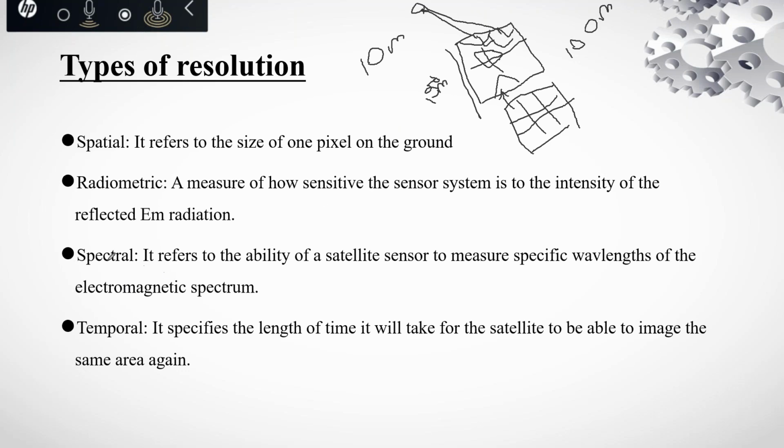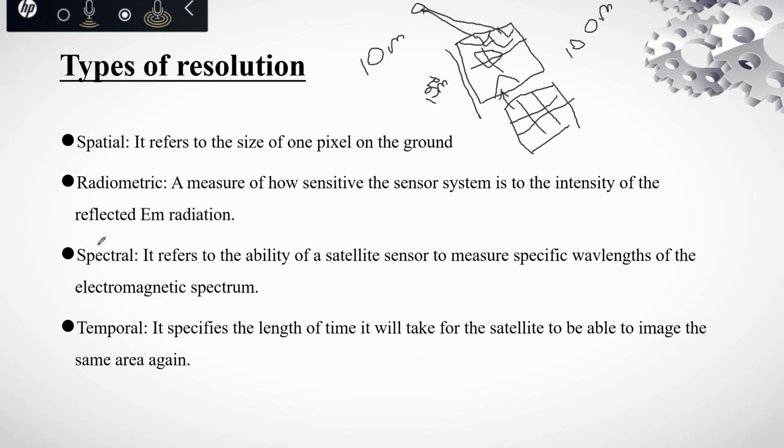Next is the spectral resolution. It refers to the ability of a satellite sensor to measure specific wavelengths of the electromagnetic spectrum. As we know, images of Earth from space are not black and white. We also need to identify which regions are red, or blue, or yellow, green, like that.